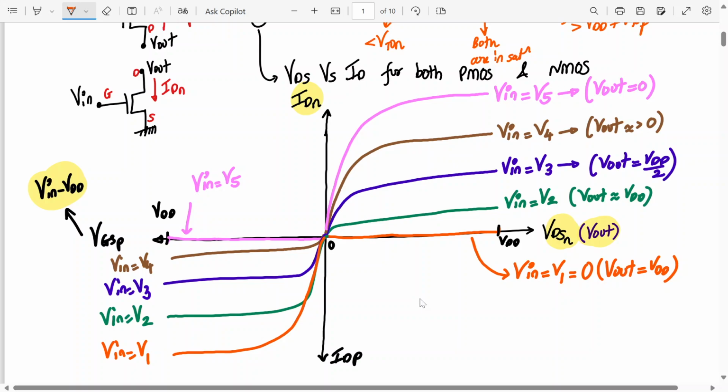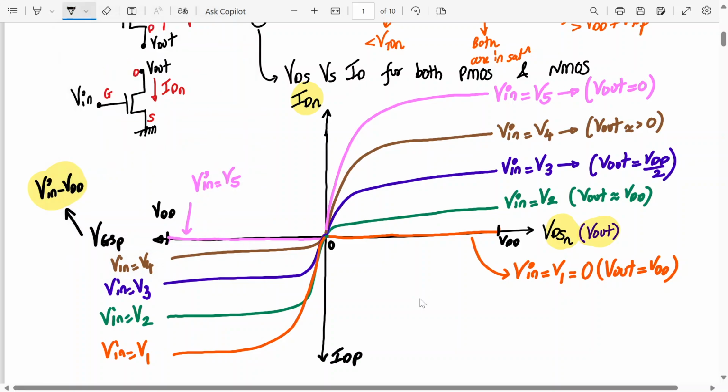Are you understanding? Remember, for the PMOS transistor, the current is negative, and the VGS voltage is also negative. So these are different values of V in, right? And what is plotted on the x-axis?